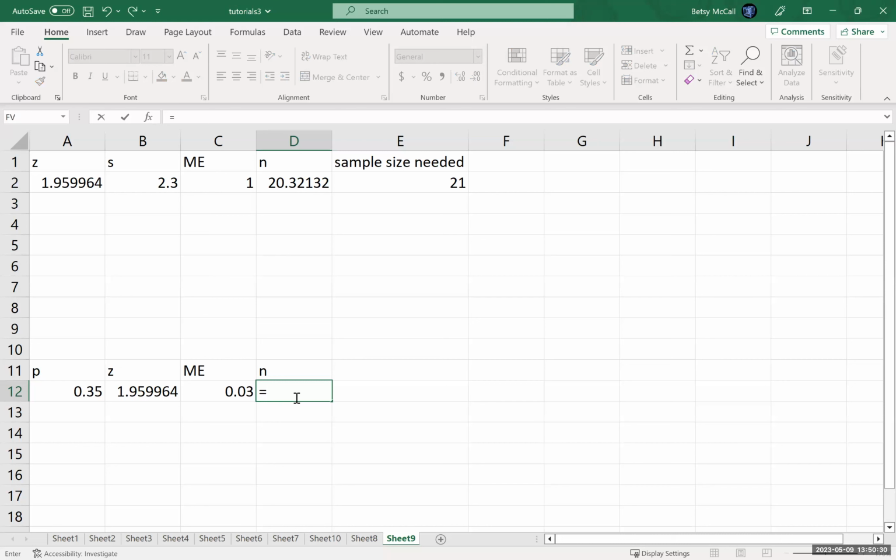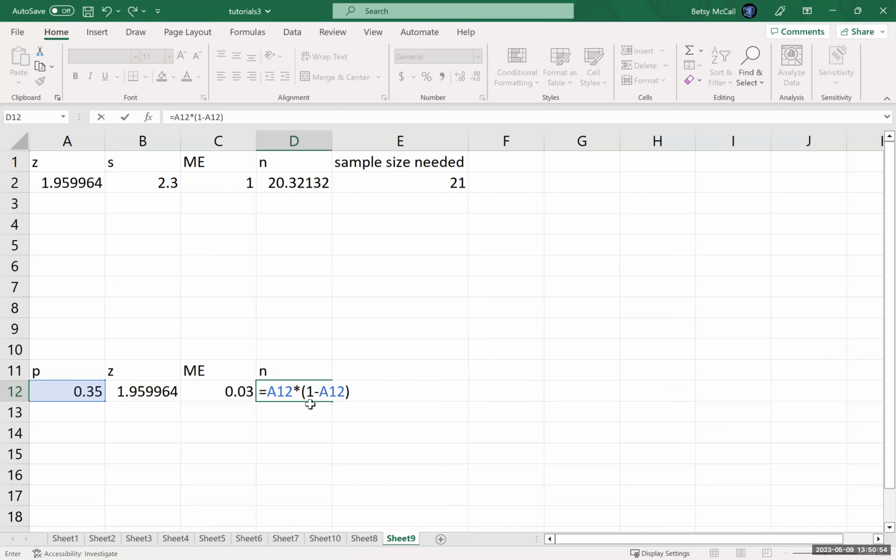Now, the formula for the proportion is a little different. It's P times 1 minus P. And then the Z is squared, because remember, P and 1 minus P in the margin of error formula are already under the square root.